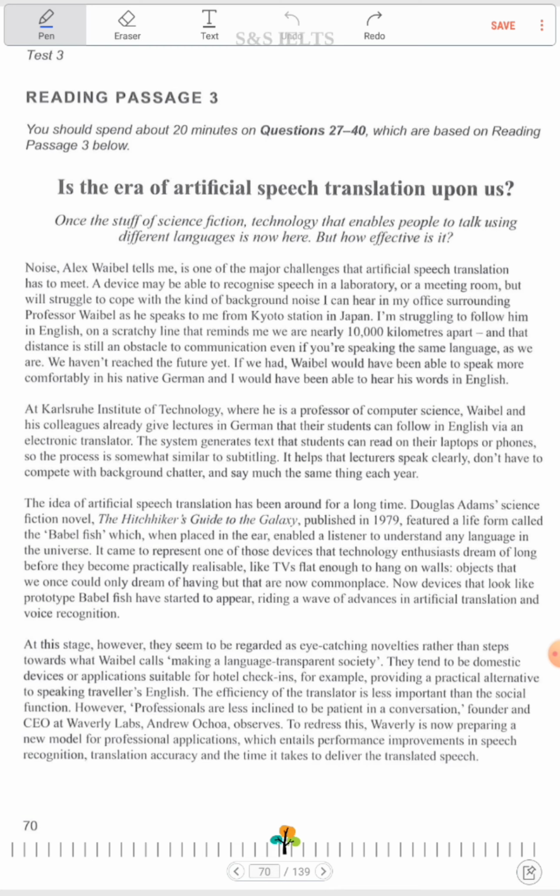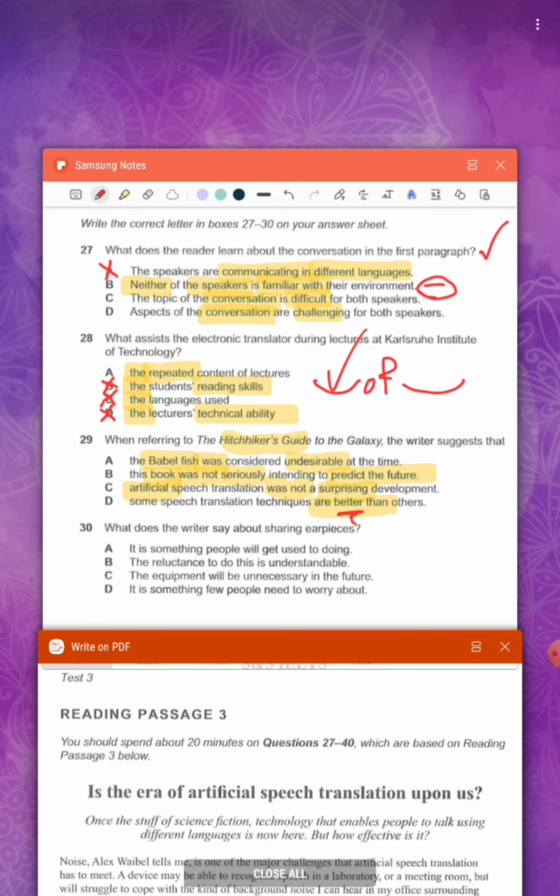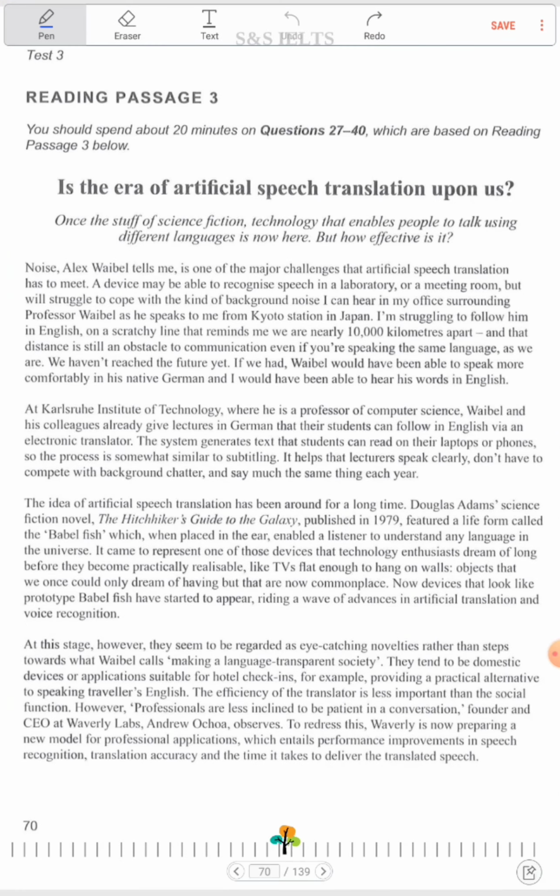And B, this choice makes an assumption that goes beyond the text, because the text mentions The Hitchhiker's Guide to the Galaxy as a science fiction novel published in 1979 and features the Babelfish.